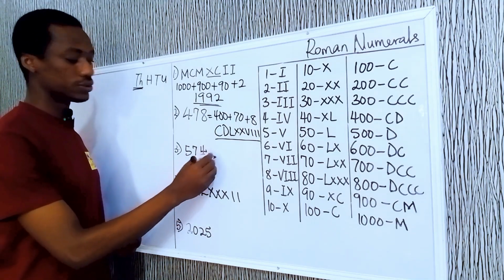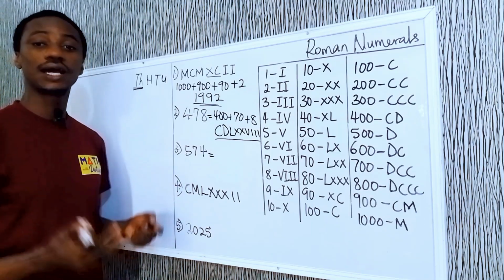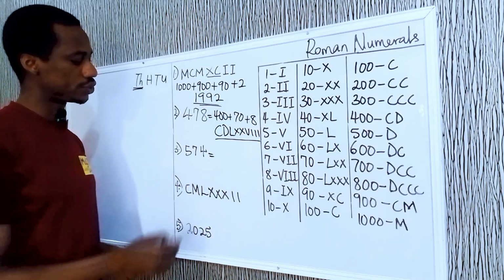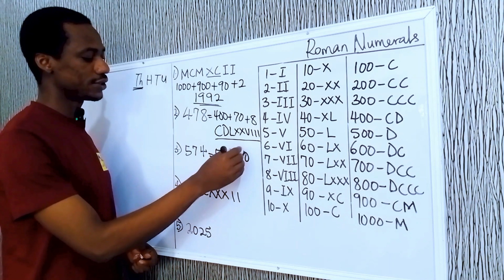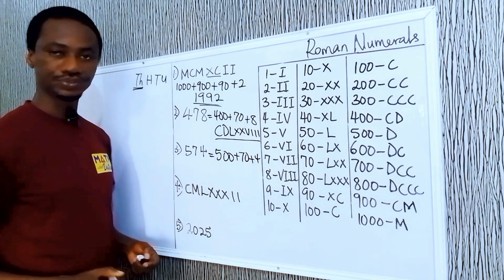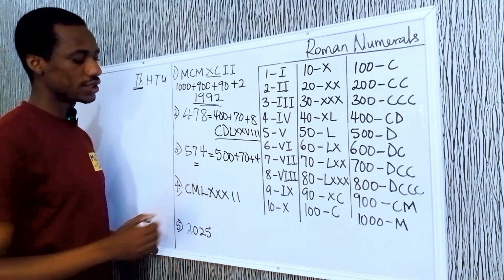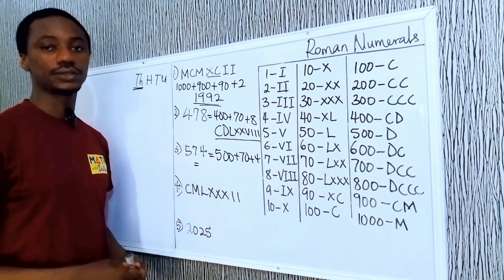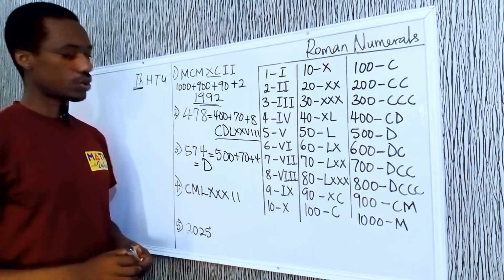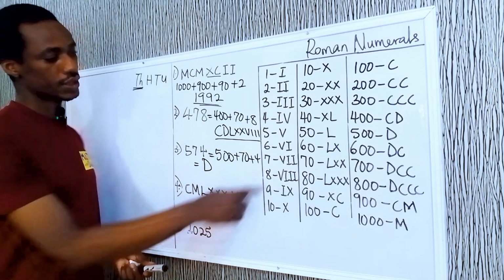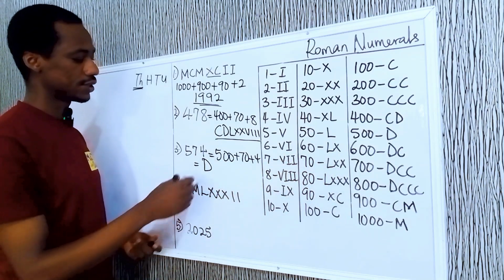So the first thing we have to do, can you tell me what's the first thing we have to do? Write the number in expanded form. So we write 500 plus 70 plus 4, hundreds, tens, and units. Okay, so what is 500 in Roman numerals? 500 is D. Okay, what is 70? 70 is 50 plus 20, right? LXX.